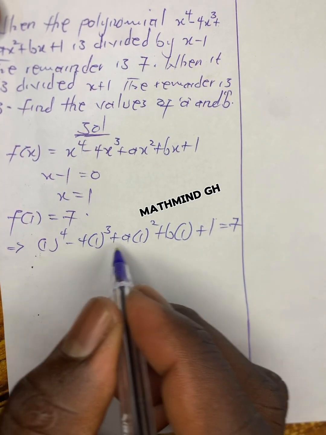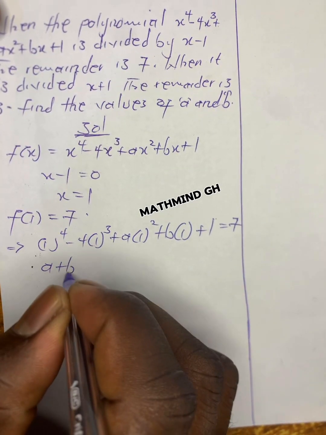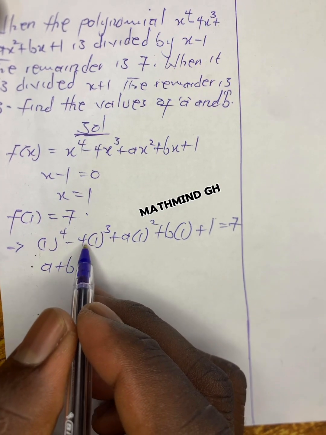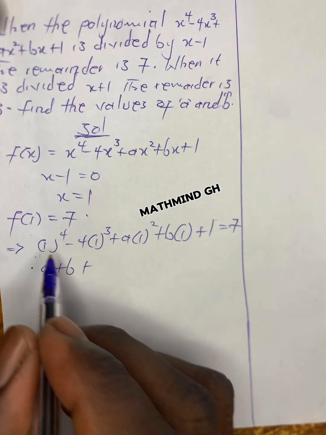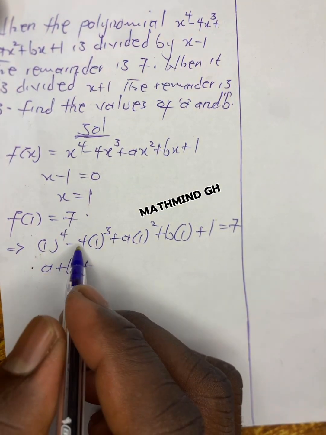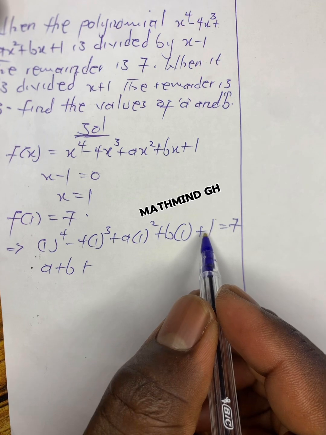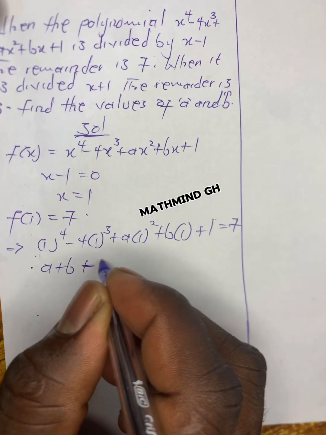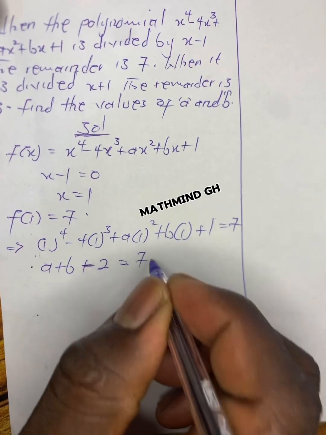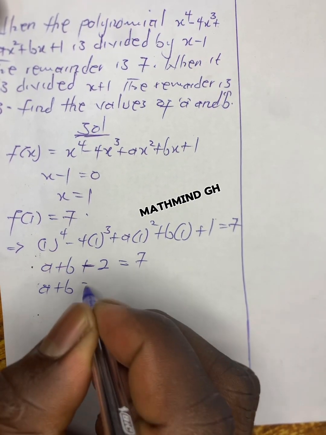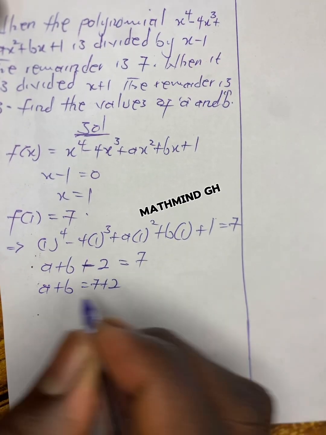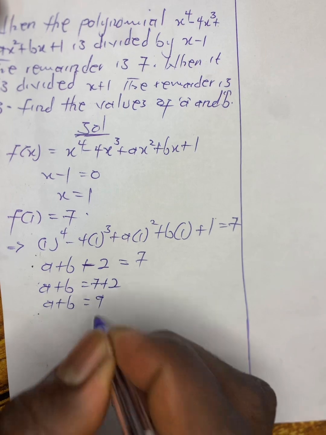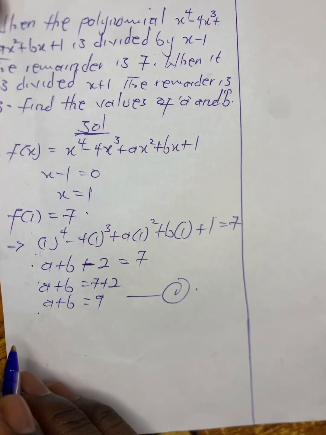When we simplify that, we have a + b, plus 1, then negative 4, which gives us negative 3, plus 1 gives negative 2. So we have -2 + a + b = 7, which gives a + b = 7 + 2. a + b = 9, as our equation 1.